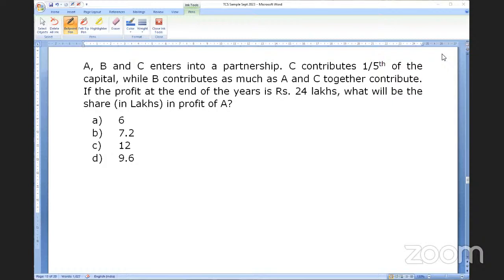It's all about finding the ratios in which the profit at the end of the year should be divided. Calculate it properly, and the answer will come in no time.